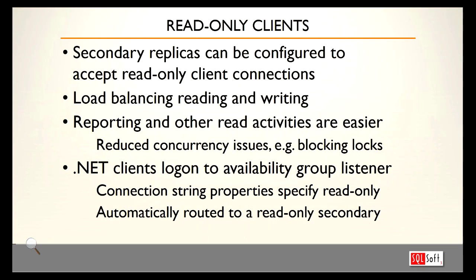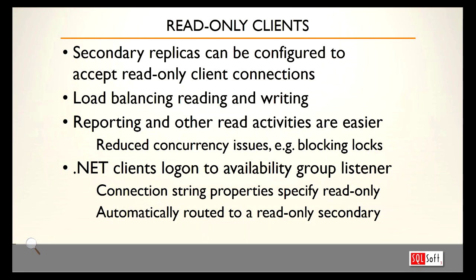You can configure your secondary replicas to accept read-only client connections as part of your availability group setup. Then when you log in from your .NET client, depending on the version of .NET your clients are using, you can specify a connection string property that says this client is read-only, and assuming all of the other availability group configuration has taken place, they will be automatically directed to a secondary server for that reading.